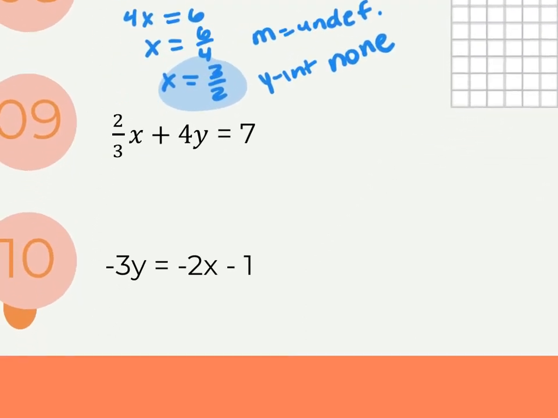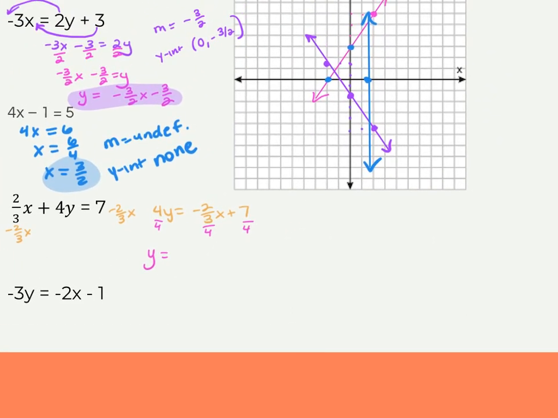Number 9, I'm going to first move my 2/3 to the other side. So I get 4y equals negative 2/3 x plus 7. And then I have to divide everything by 4. So I get y equals negative 2/3 divided by 4. If I did keep, change, flip there, it'd be the same thing as multiplying by 1/4.